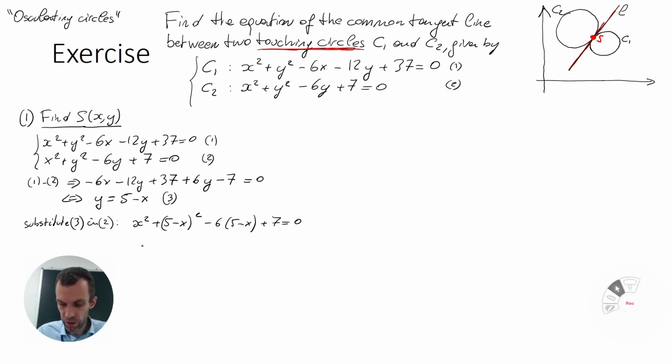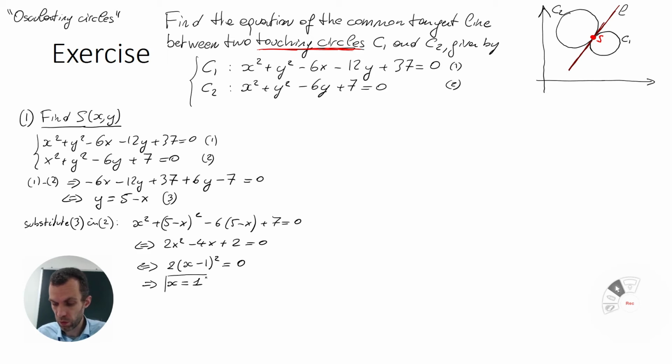And if you clean that up a little bit, you'll get 2x squared minus 4x plus 2 is equal to 0. And if you look at that for a bit, you can solve this quadratic equation, and you find that this is 2 times x minus 1 squared equal to 0. So the solution of this is x is equal to 1.